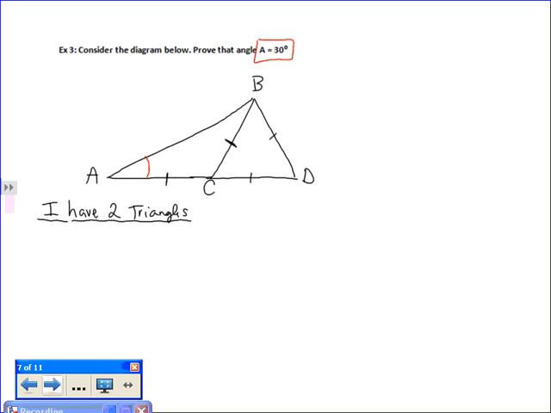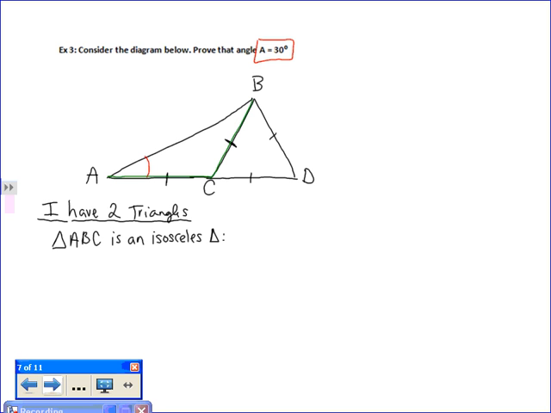First of all, I have the triangle ABC, an isosceles triangle. An isosceles triangle tells me that 2 of the sides are equal. So A to C is equal to B to C. Those 2 lines are equal.